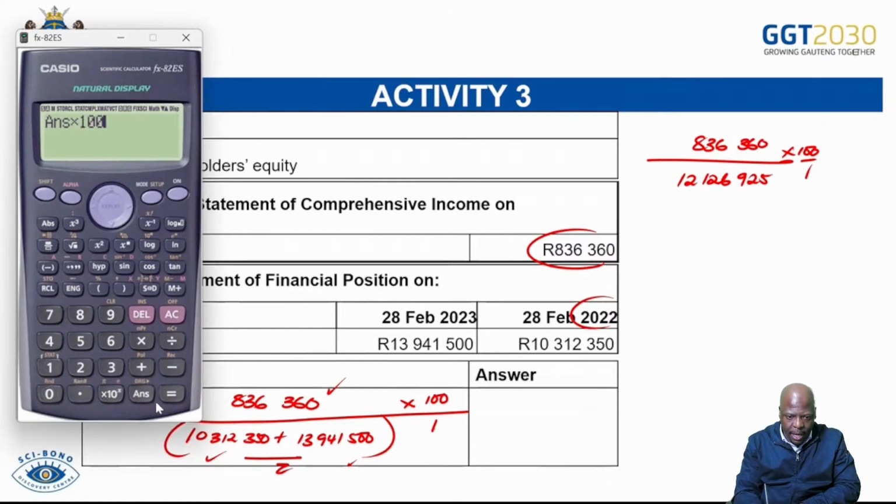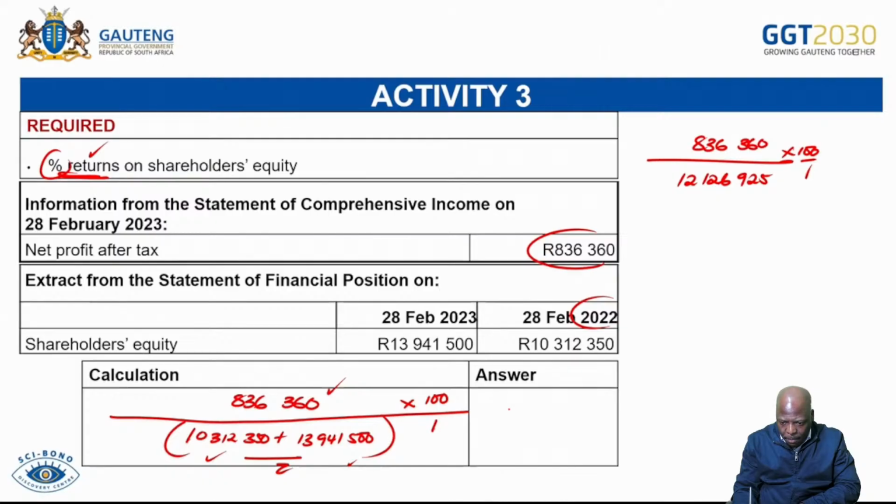Let's multiply by 100. That's going to give me 6.89. So I'm going to round it off to 6.9%. That becomes my percentage return on shareholders' equity.